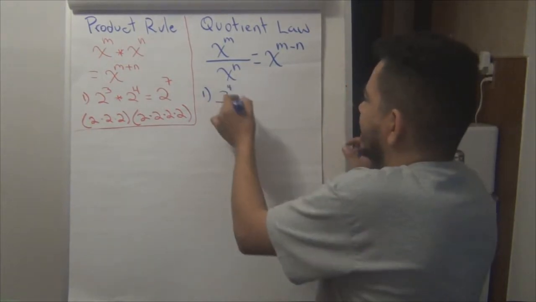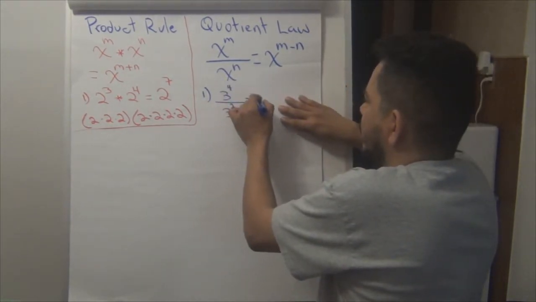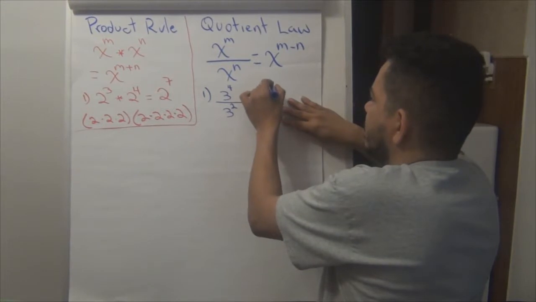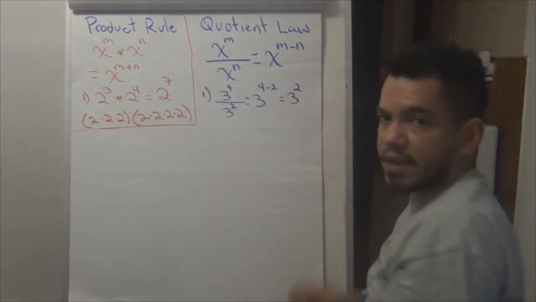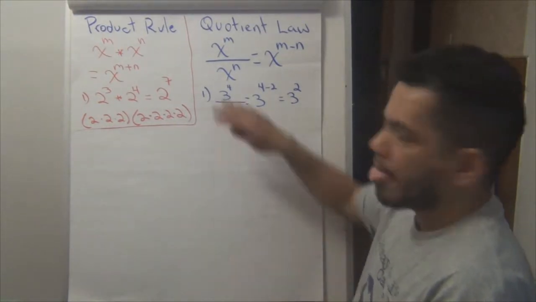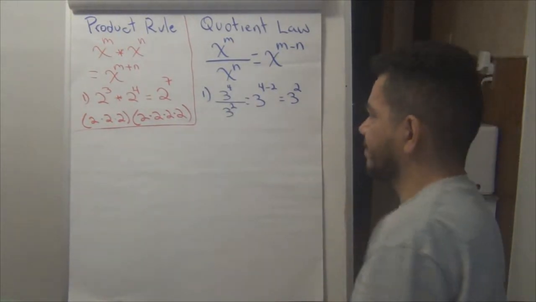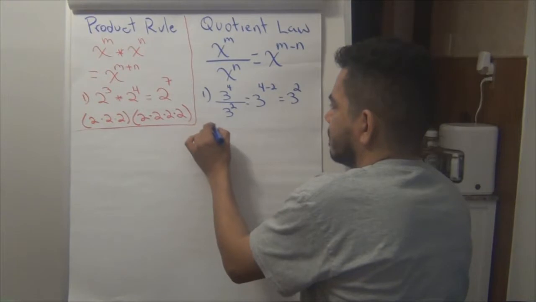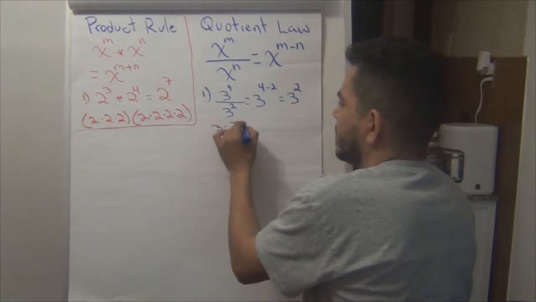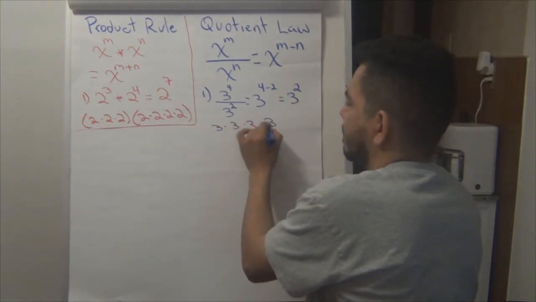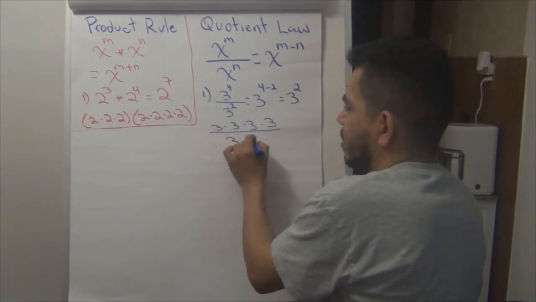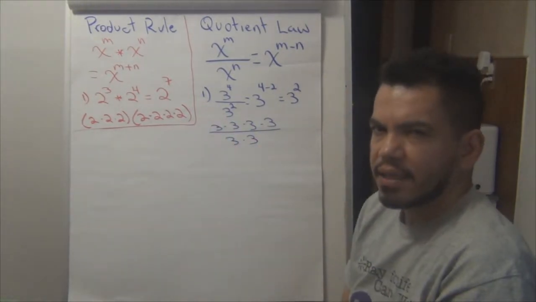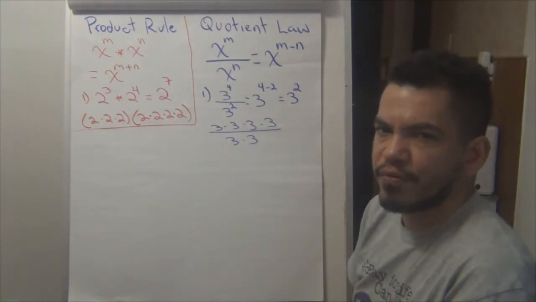This is the same thing as 3 to the 4 minus 2, which is 3 to the 2nd power. The proof in here is the following. 3 to the 4th is 3 times 3 times 3 times 3 over 3 to the 2nd power, which is 3 times 3. See that? Expanding is always a good way to prove things.